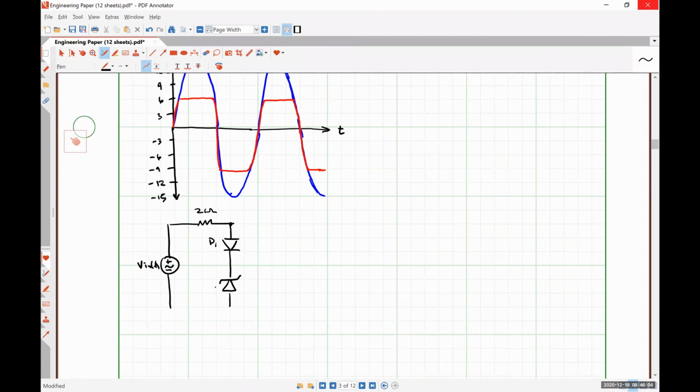Here's Zener diode 1. Zener diode 2. Diode 2. This guy should have effectively the exact same input-output relationship, but we can actually go one step further in simplifying this guy.